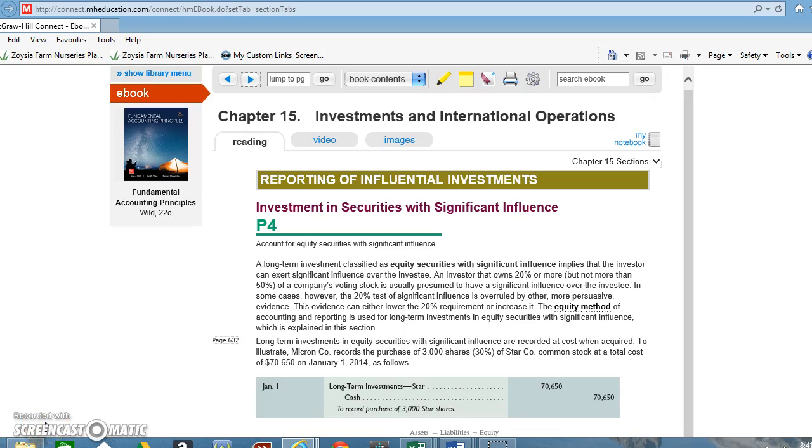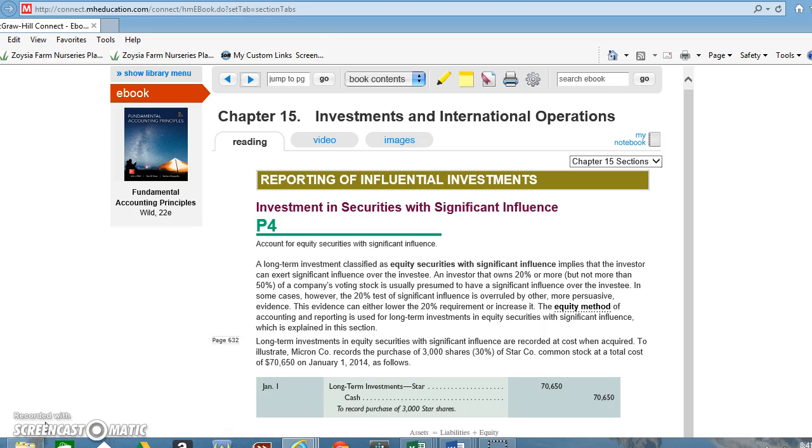Starting here in P4, we get into the idea of not only holding investments, but holding significant influence over the company that you're investing in. So you'll want to pay attention to a couple of different types of amounts of securities that you own in a certain company.